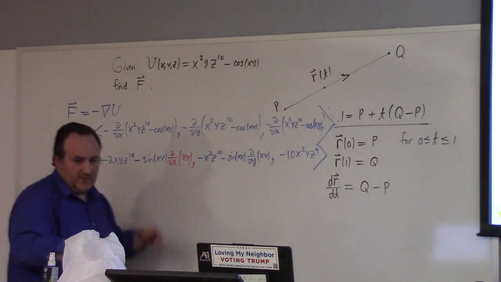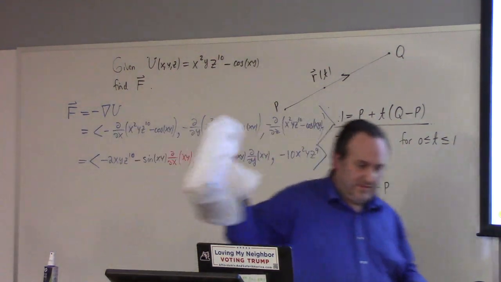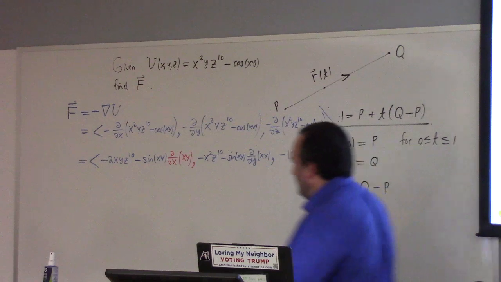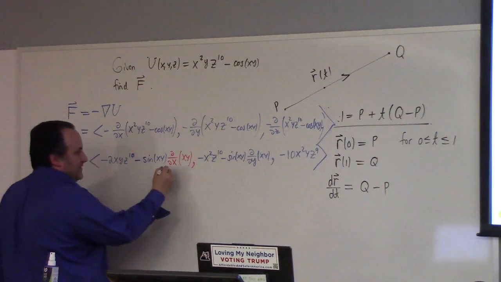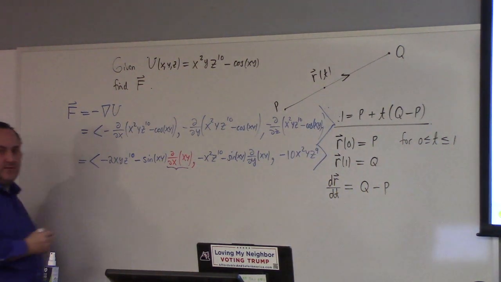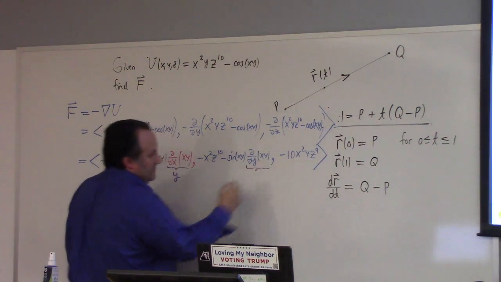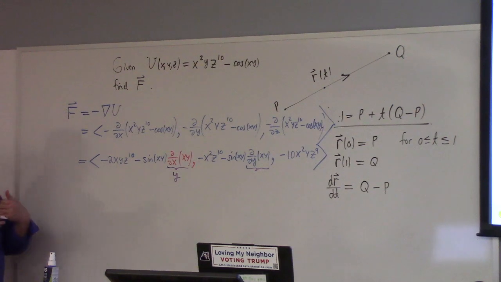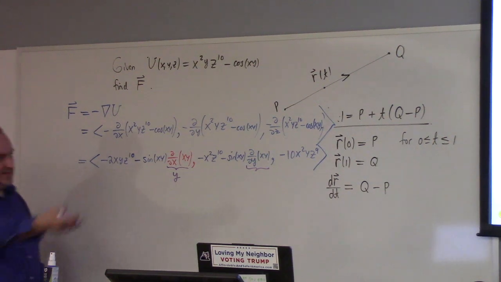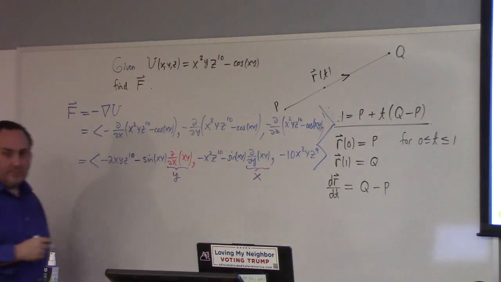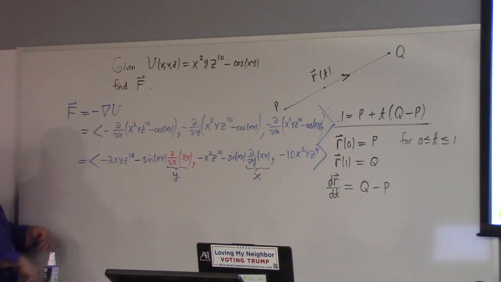What are those silly partials equal to? This is equal to y, right? So we pull out a y there. And this? Since we're just differentiating with respect to y holding x fixed, the x pulls out, and partial y just leaves us a leftover x. But there it is, that's the force that results from this potential energy.